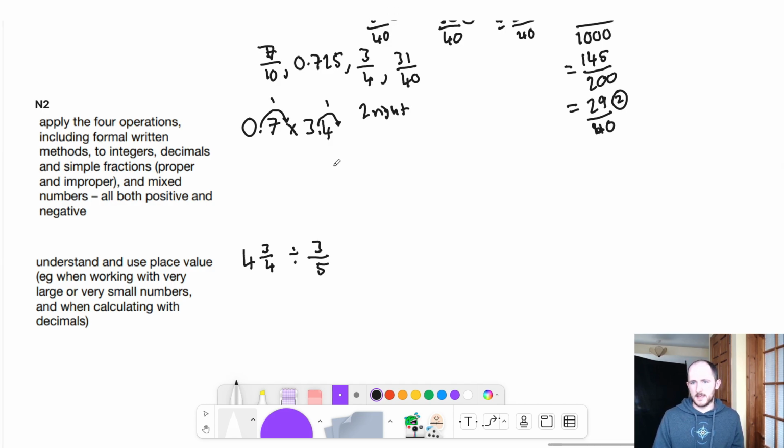The best way to do this is column method. 7 times 4 is 28, so put the 8 down here, put the 2 on top. 7 times 3 is 21, plus the 2 gives me 23, so we're at 238. Now of course that's not my answer. Because I've moved the decimal point 2 to the right, I need to move the decimal point 2 to the left in my final answer. So the actual answer is 2.38.